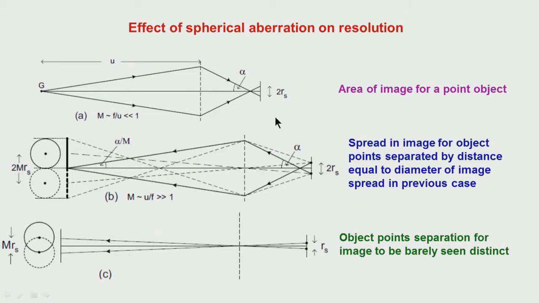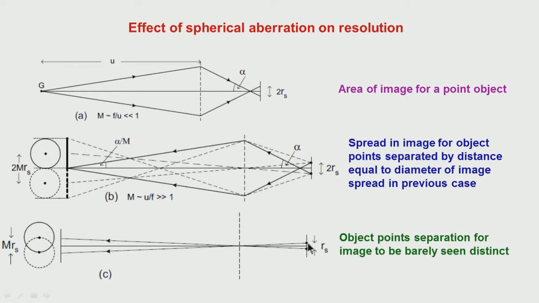Suppose we consider two point sources separated by a distance which is larger than this. Each one of them will give rise to a disk of least confusion on the Gaussian plane. If they are well separated, we will be able to see them as two different objects.